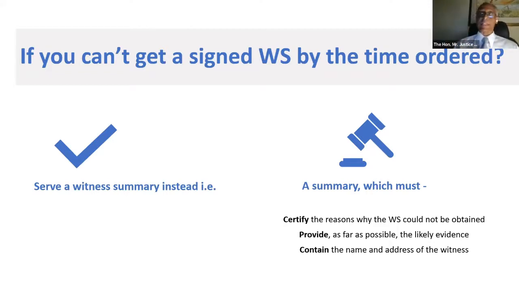You allow the other side the opportunity to know what evidence they are going to be faced with. And in the meantime, before the trial, you buy yourself some time to get the witness statement prepared and signed.